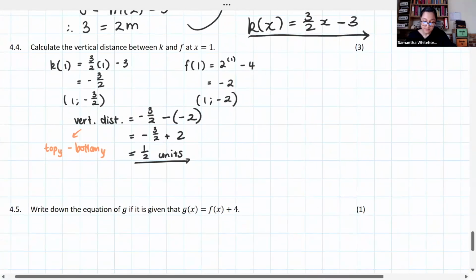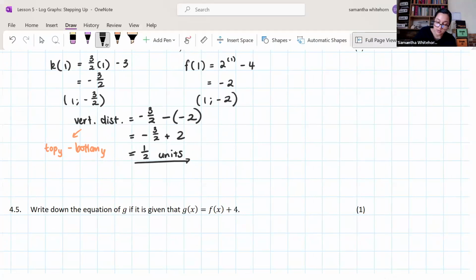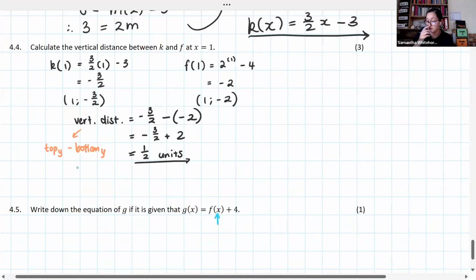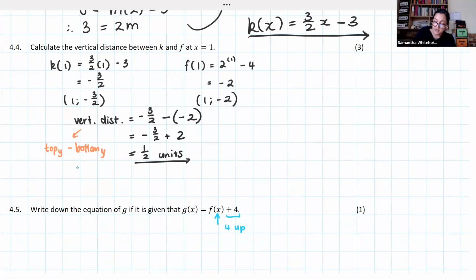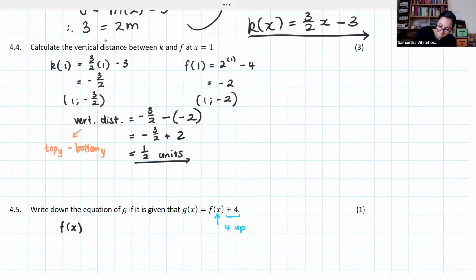So 4.5 says write down the equation of g if it is given that g of x is equal to f of x plus 4. Again, don't panic. Figure out what the transformation is. Nothing's happened to x, so there's no shift left or right, but we do have this constant, which means it's gone 4 units up. So f of x was originally 2 to the power x minus 4, so it's already been shifted 4 units down.